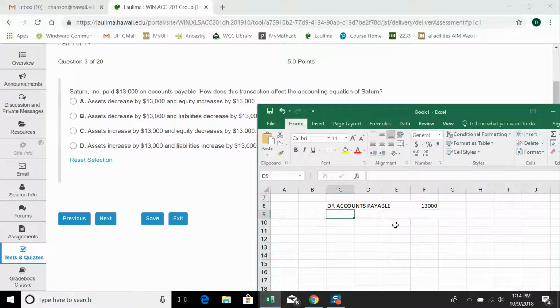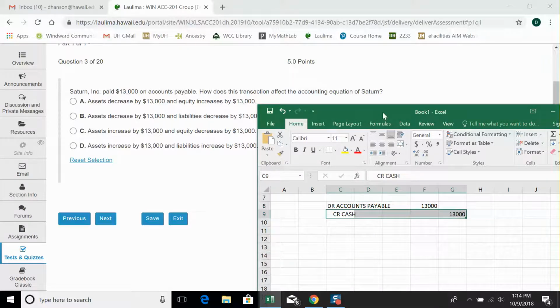That's a decrease to accounts payable, and you're going to have a credit to cash, because whenever you pay money out, you're decreasing cash. Cash is an asset, accounts payable is a liability. Okay, so it's important you know your debit and credit rules. Okay, so let's see. So basically, it looks like liabilities are decreasing and assets are decreasing.